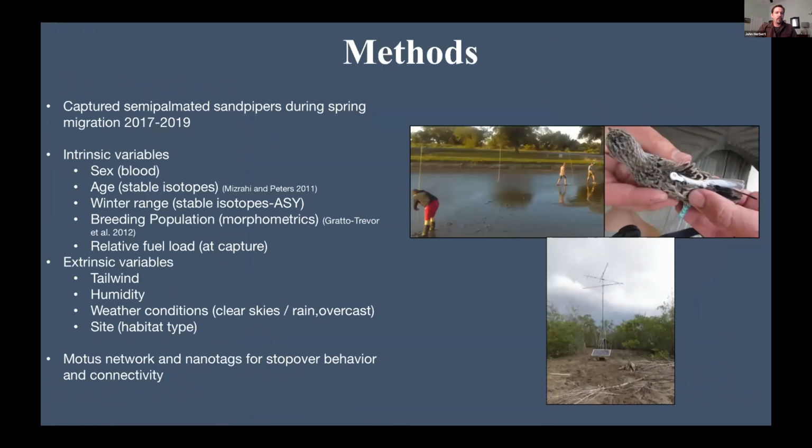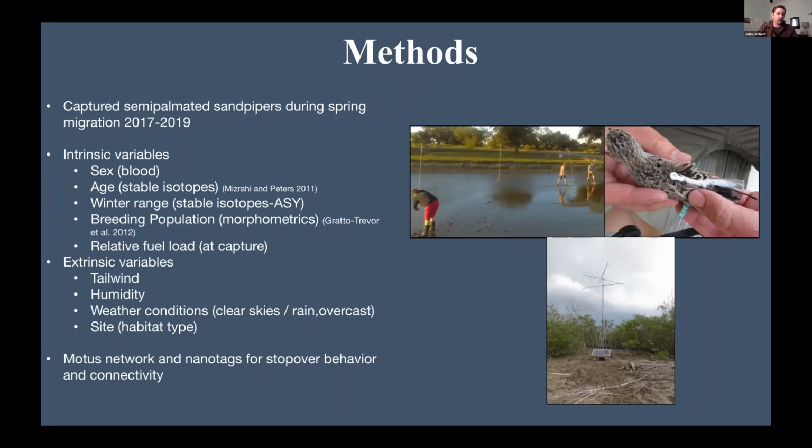All right, so our methods. We captured semipalmated sandpipers, or I may refer to them as SESA throughout this talk. Through 3 years, in 2017 to 2019, we collected variables, determined sex, age, and winter range using known stable isotope signatures from Mizrahi and Peters 2011. We determined breeding population based off of sex and morphometrics, based off of prior research, Gratto-Trevor et al. 2012.